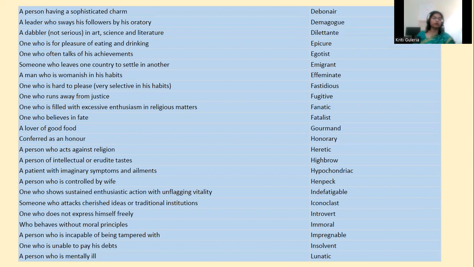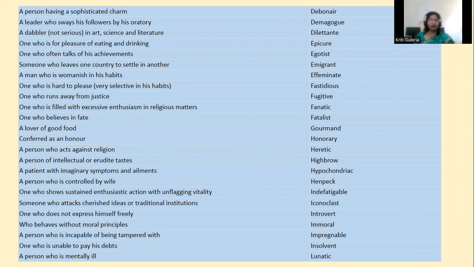A person or a leader who sways his followers by his oratory is a demagogue. A dabbler in art, science, and literature is referred to as a dilettante. One who lives for pleasure, for eating and drinking: epicure. One who often talks of his achievements: egotist.